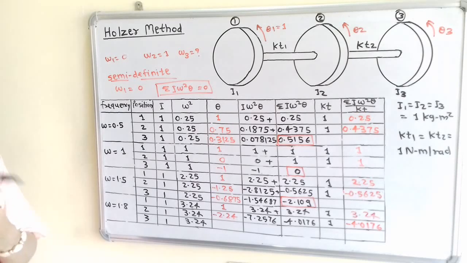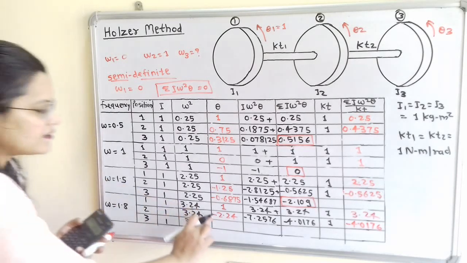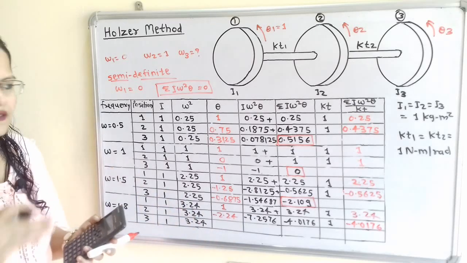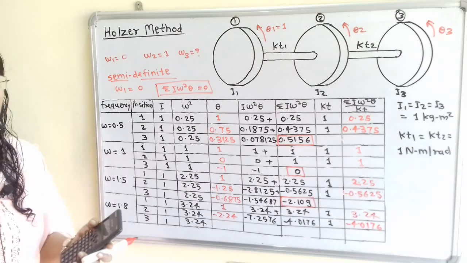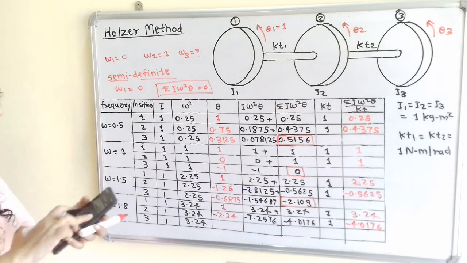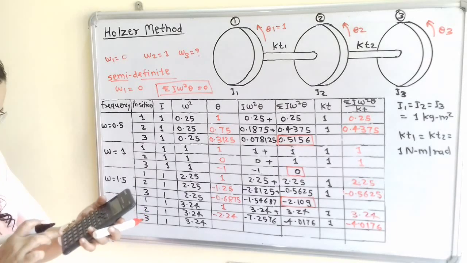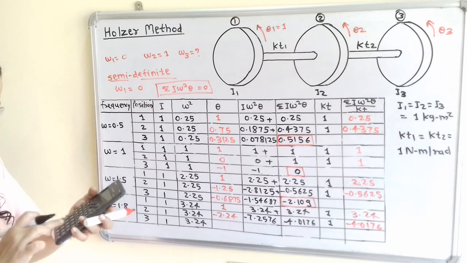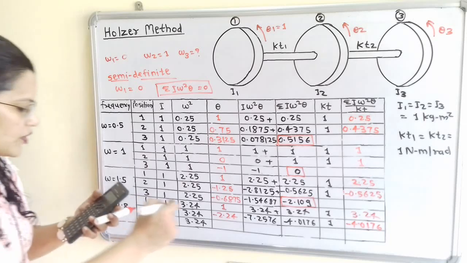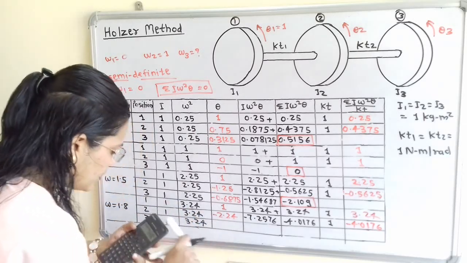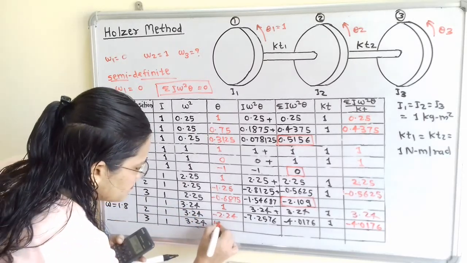The next theta calculation is important. Minus 2.24 minus minus 4.0176, so minus will become plus: 4.0176 minus 2.24, that is 1.776.